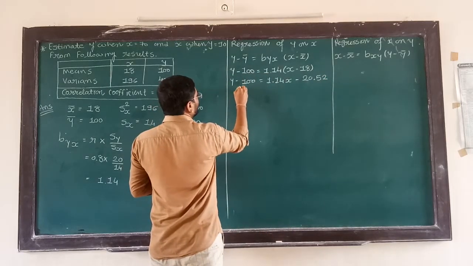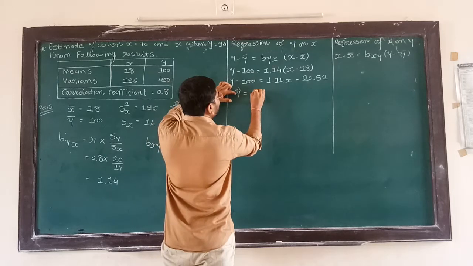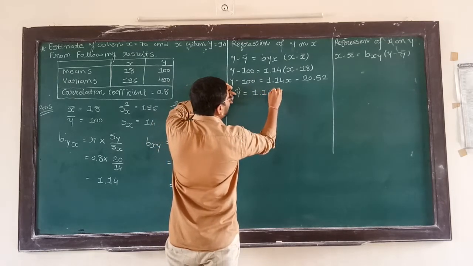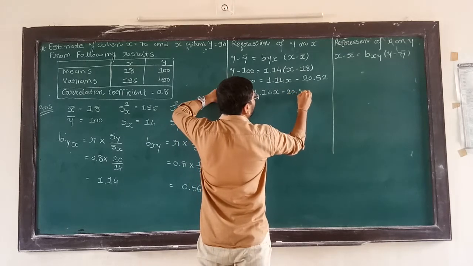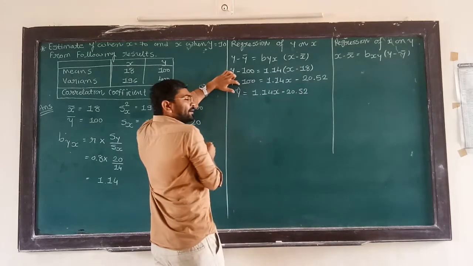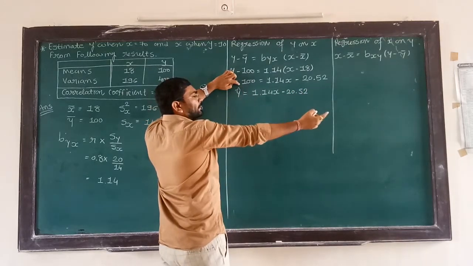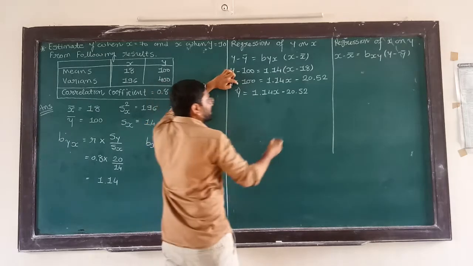Now y cap is equal to 1.14x minus 20.52. Here 100 is minus, transferring to the opposite side it is plus.